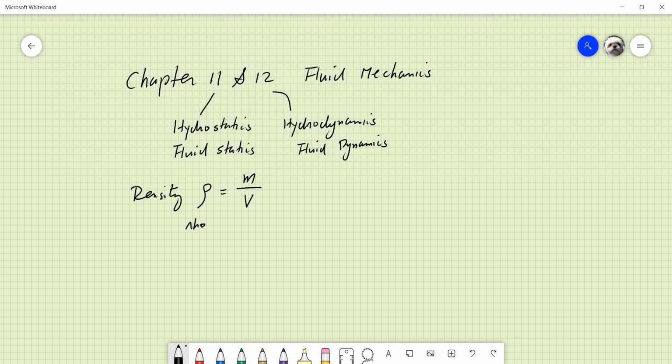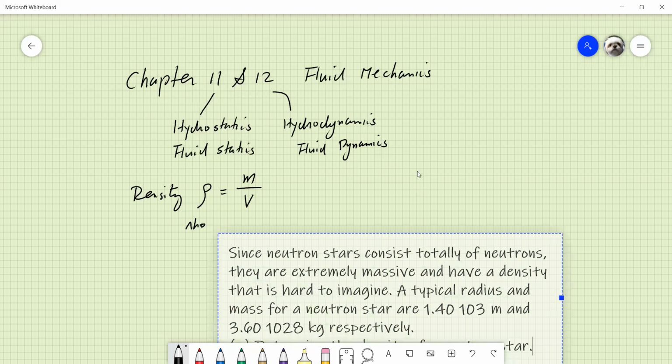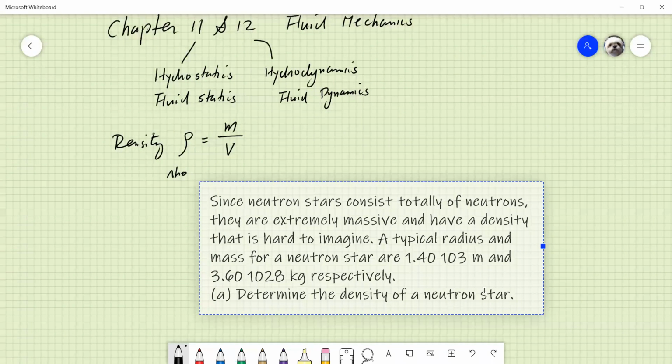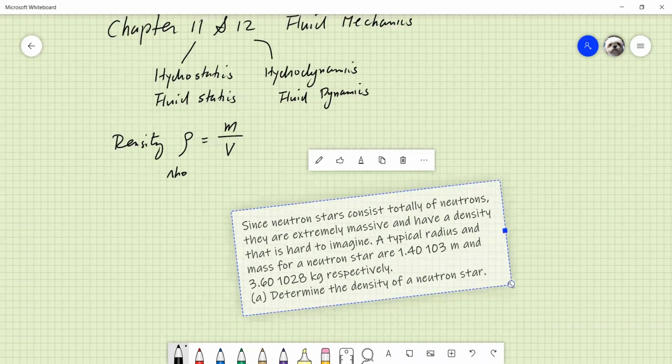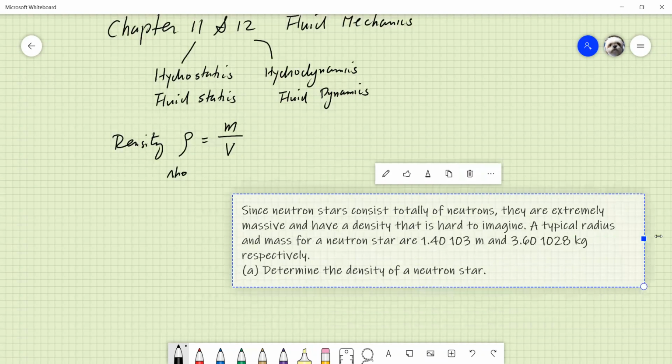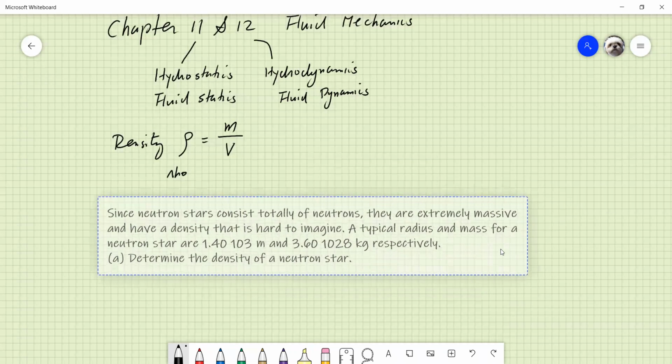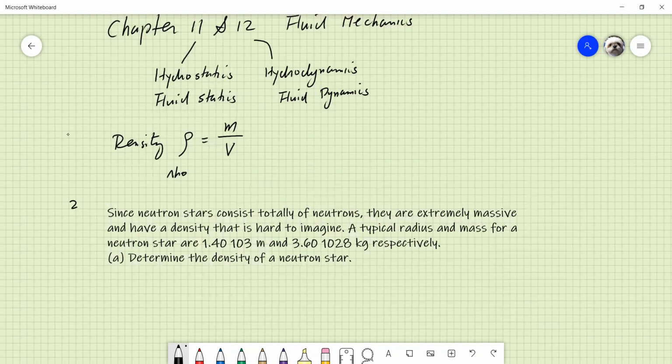Now we're going to do the first example here, which is number 2 on the homework. Now we have the neutron star, right? One type of astronomical object.